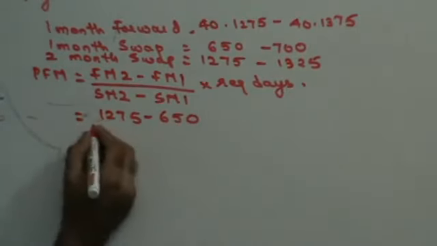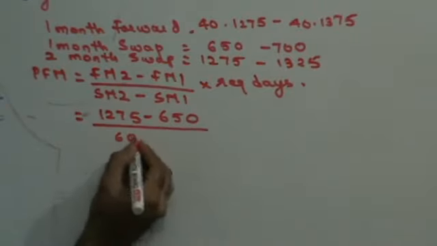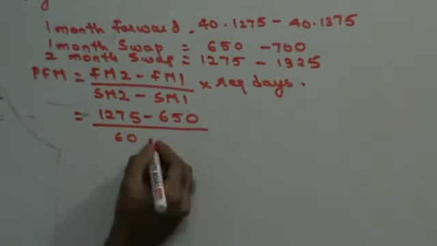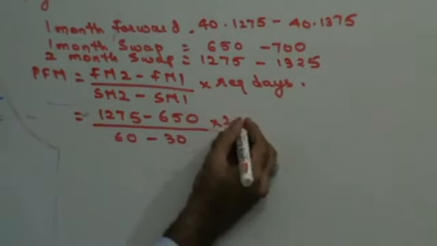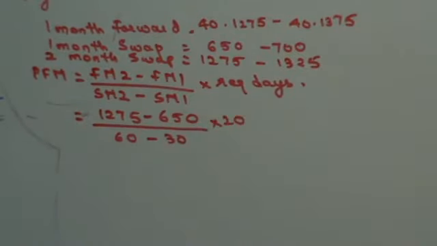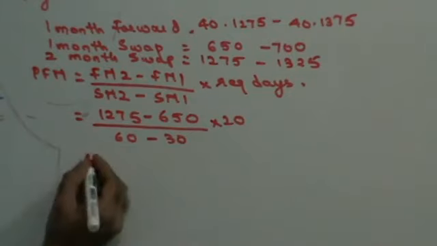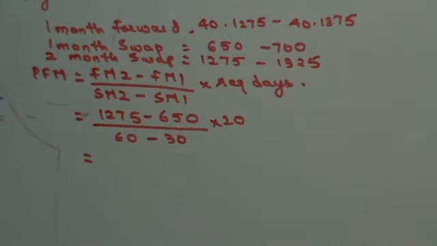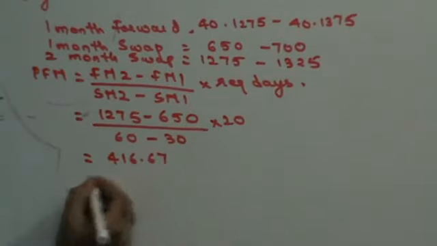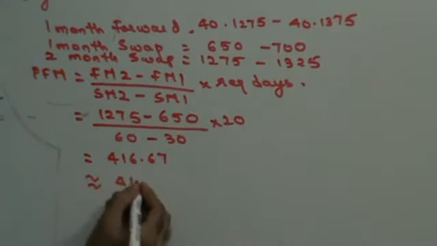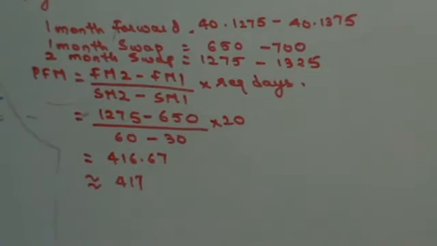Divided by the second forward margin's maturity of 60 days, minus the first forward margin's maturity of 30 days, and I want to find out for 20 days, right? So when you solve this, it will come to 416.67, which is approximately equal to 417. So my swap points are going to be 417.